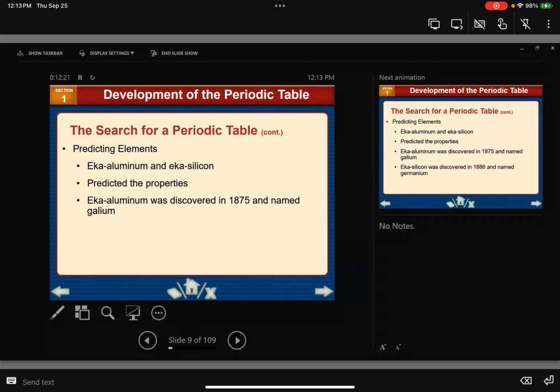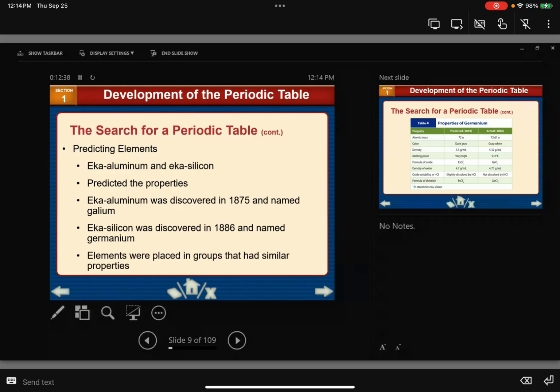And in 1875, the Eka aluminum was discovered and named gallium. And Eka silicon was discovered in 1886, and it was named germanium.